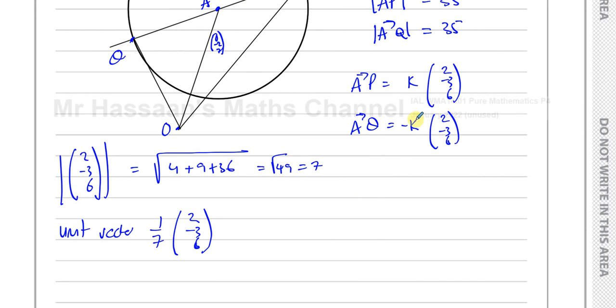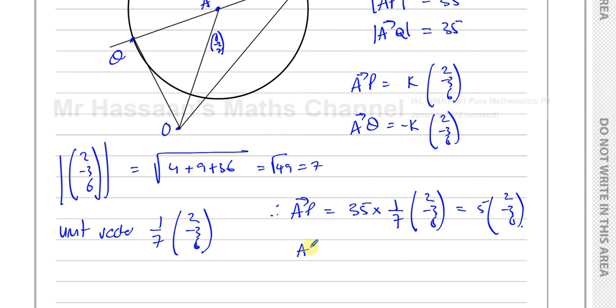We want 35 units. So the vector from A to P is going to be 35 times 1 over 7 of (2, -3, 6), which is 5 times this vector. So the vector from A to P is 5 times 2, which is 10, then -15, and 30.